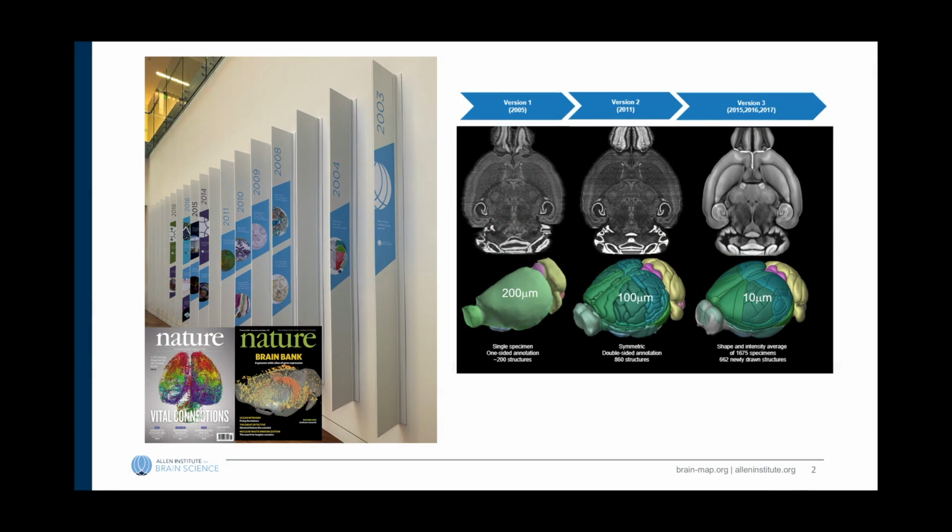But this connectivity atlas gave us a very unique opportunity because of the tissue site data. At that time, this was probably the largest collection of high-resolution 3D data, and this gave us an opportunity: let's make a reference atlas out of that.